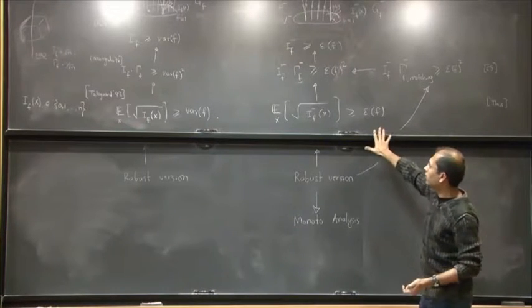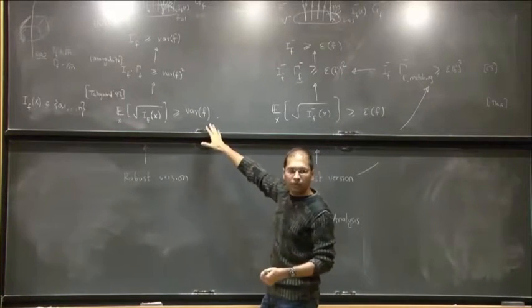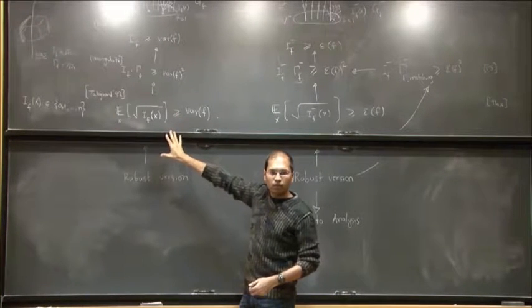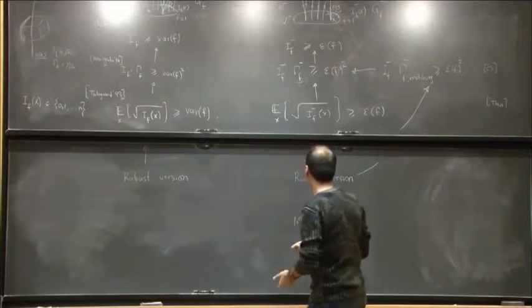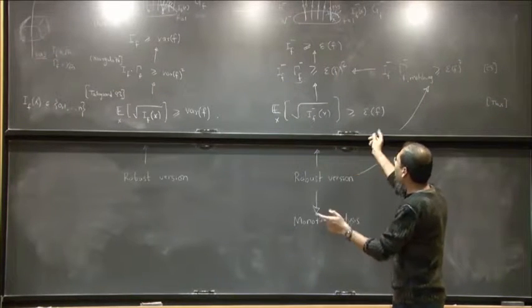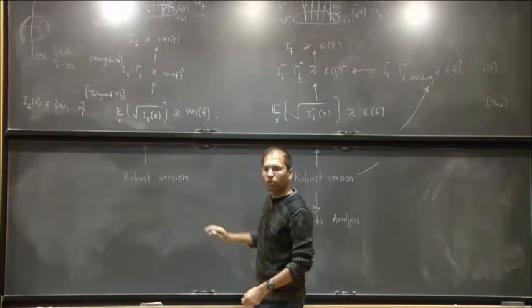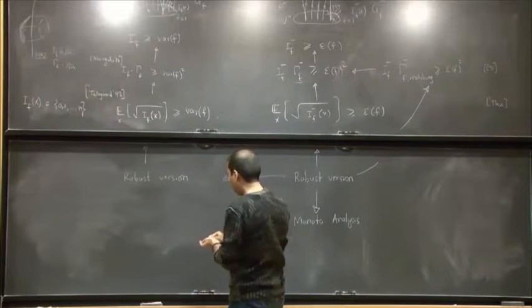And the proofs on this side are completely different and much more complicated than the proofs on this side. Though at the end of the day, we did notice that these theorems do imply the corresponding theorems. So there are all the horizontal arrows in between.